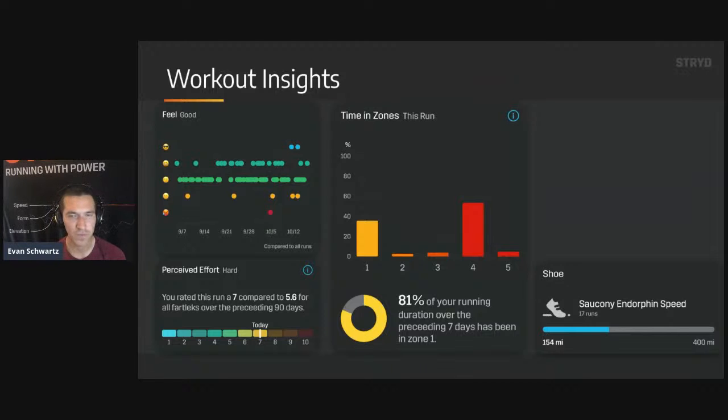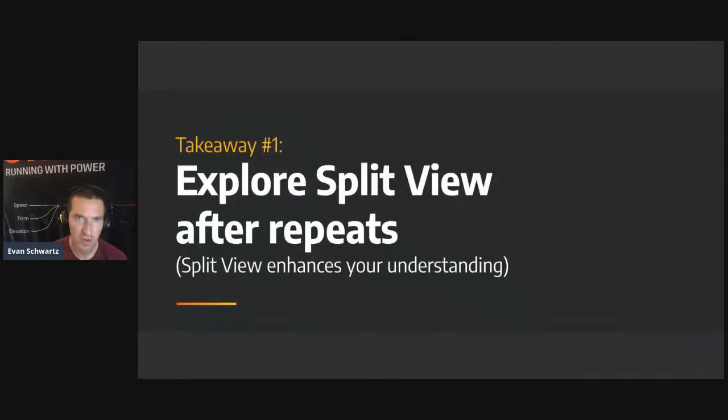Some people throw out the 80-20 rule, having 80% easy and 20% intensity. This just happens to line up pretty close to that, but this is something that I like to check every run as well. Then we can see I'm approaching halfway on my allotted limits for my Saucony Endorphin Speeds on the shoe card.